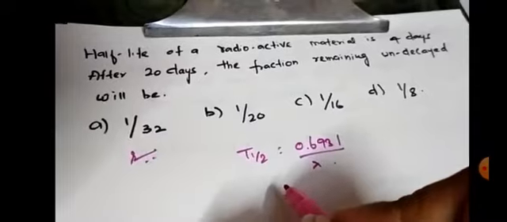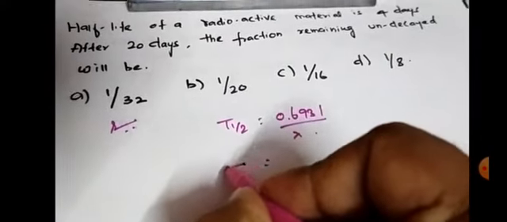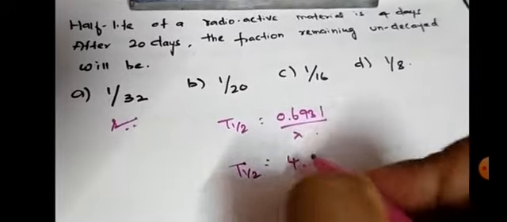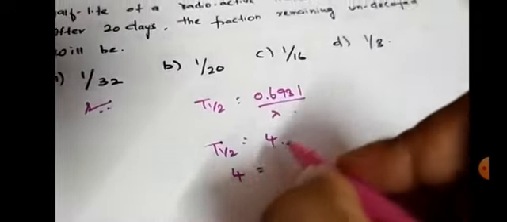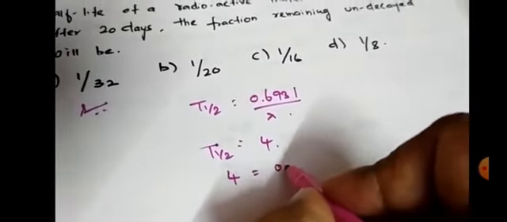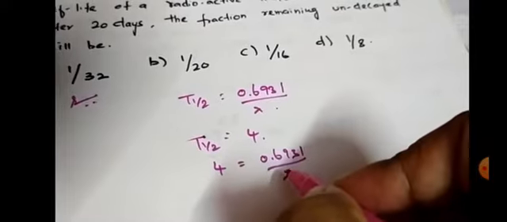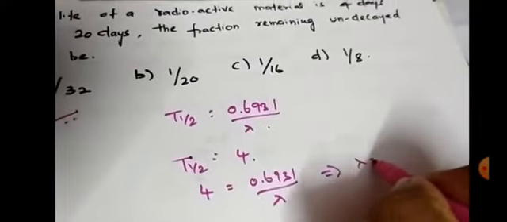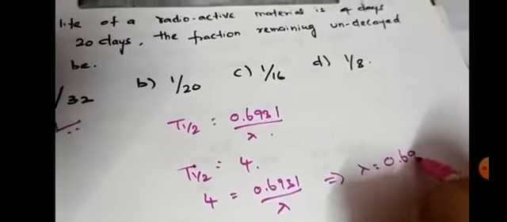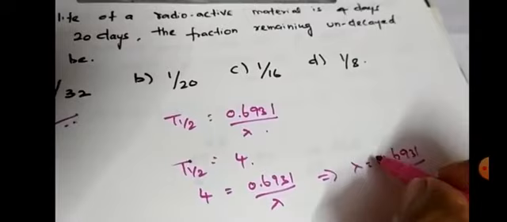The half-life of the radioactive material here is 4 days. Therefore, 4 is equal to 0.6931 divided by lambda. So I am going to write lambda is equal to 0.6931 divided by 4.